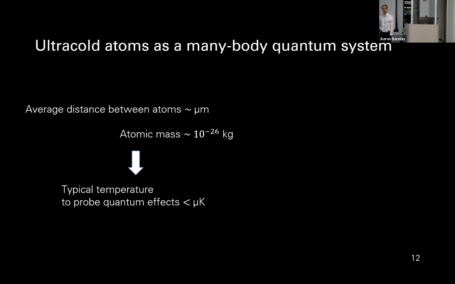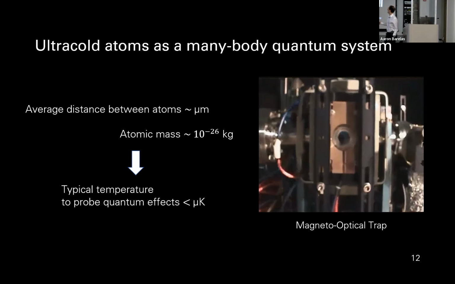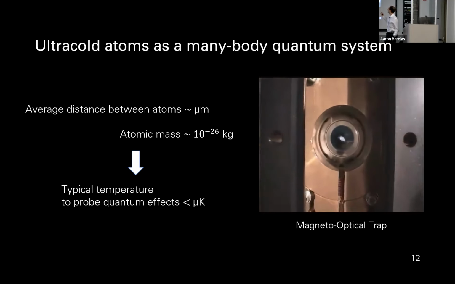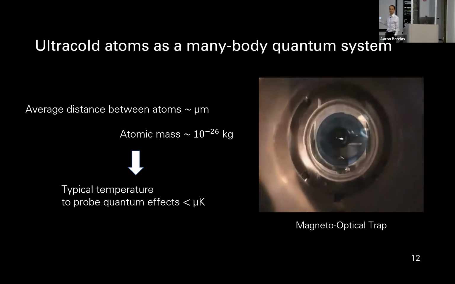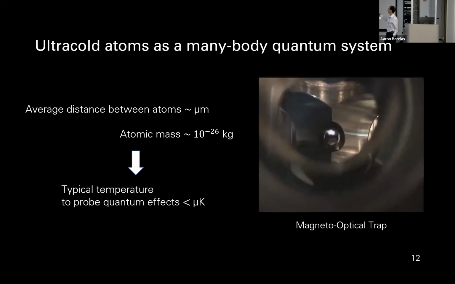That might seem challenging, but over the last 20 to 30 years, there has been a wealth of atom physics techniques, laser cooling techniques, that have been implemented to cool atoms down to such temperatures. And here is a small video of a crucial part of our cold atom experiments, namely a magneto-optical trap, where atoms are essentially created inside an ultra-high vacuum chamber, loaded in this case at the intersection of 3 pairs of beams that are near resonant to these atoms.